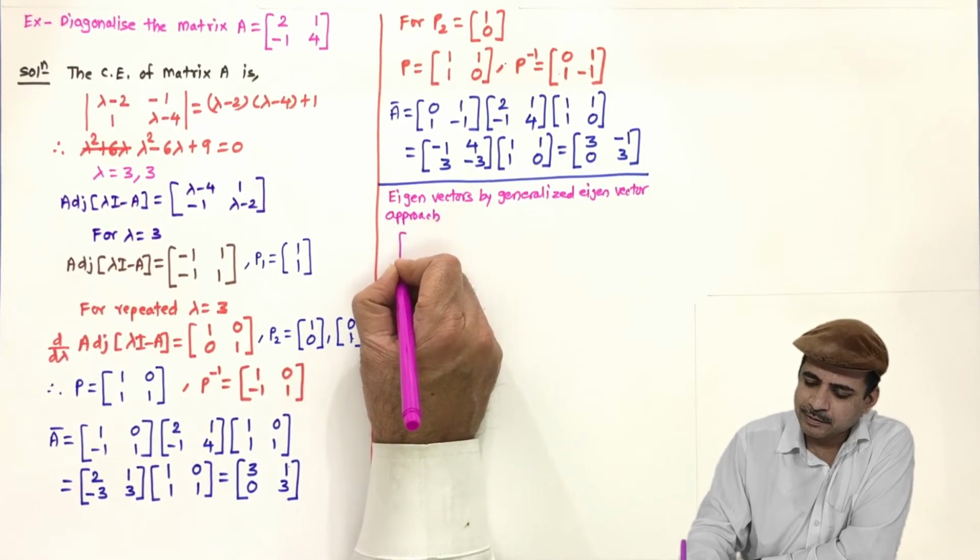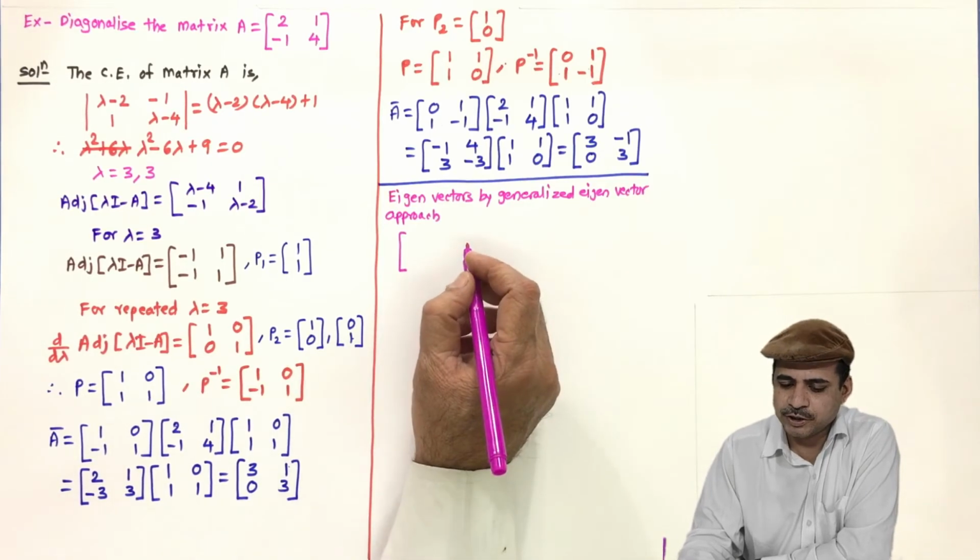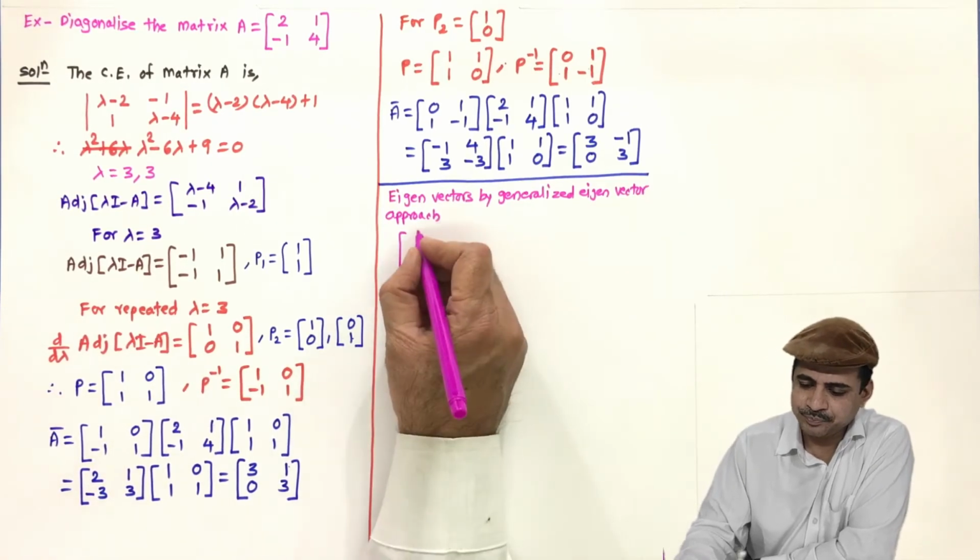So what I get? Lambda I minus A into x is equal to 0. So what is lambda I minus A?